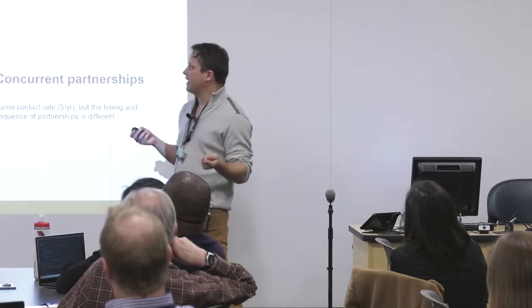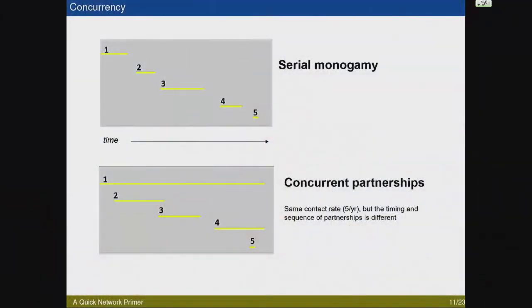And that brings this idea of concurrency in these connections, when the connections occur, because if there's no concurrency, like in the serial monogamy situation, then a disease like HIV, for instance, could only go this way on the network.